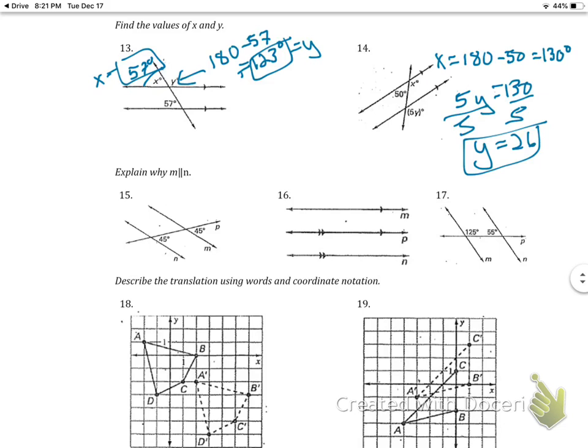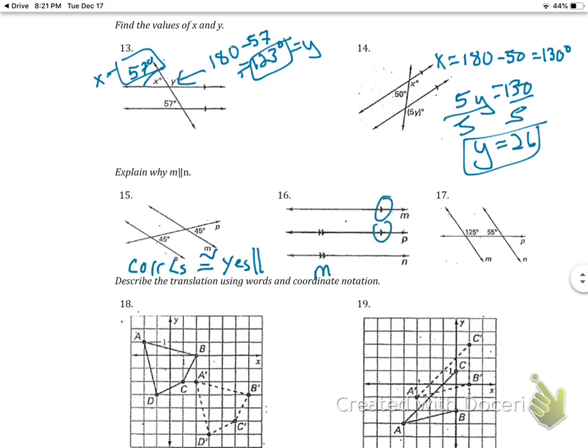Explain if these are parallel and how we know. Well, here you see that they are parallel because corresponding angles are congruent, and that only happens if the lines are parallel. So yes, parallel. Our next one up, we see here that we have M is parallel to P, and you see it by these little arrows.